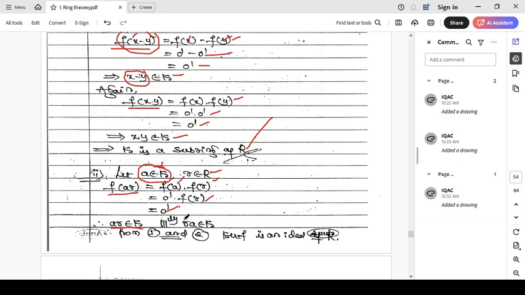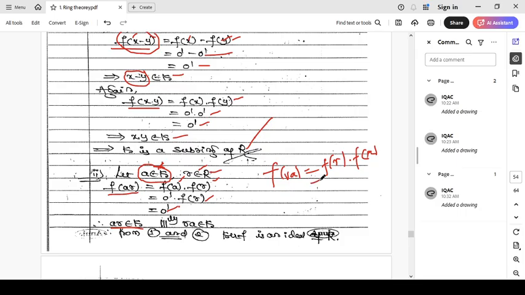Similarly we can show for f of ra. How? Consider f of ra, right? Same thing, a belongs to K and r belongs to R. So f of ra, how can I write it down? According to the definition of homomorphism, f of r into f of a, I can write down, right?